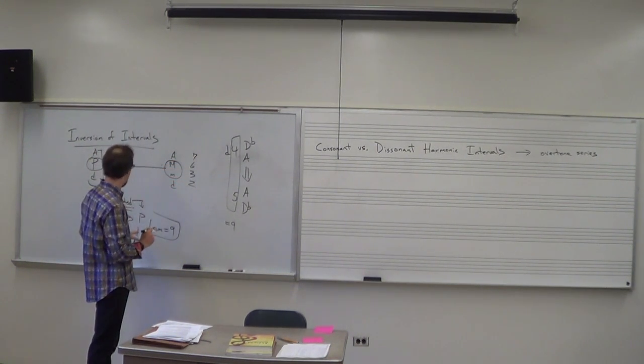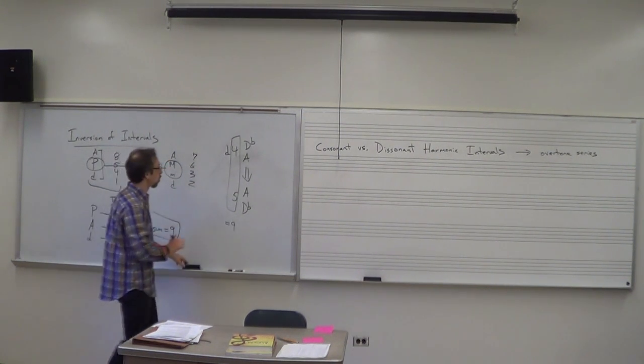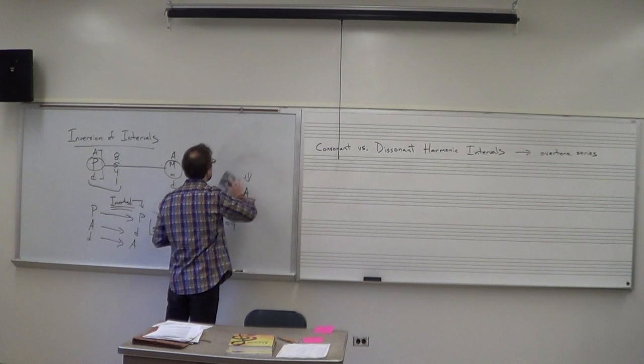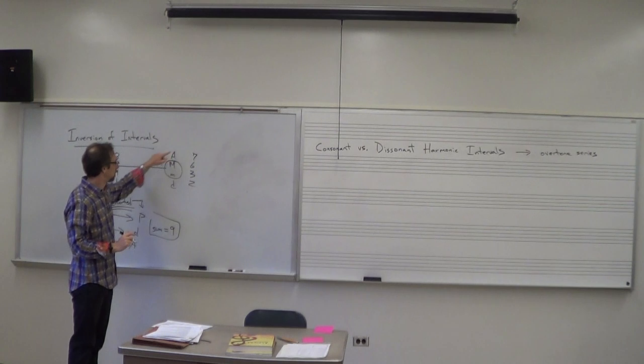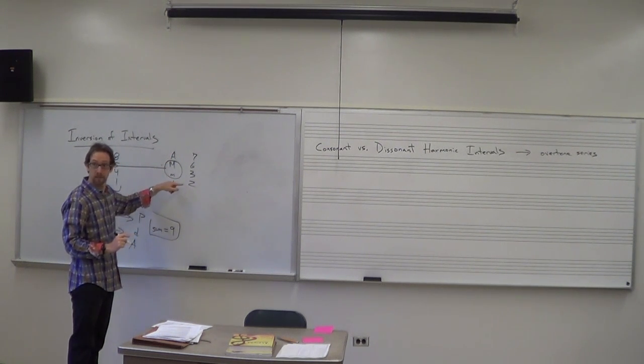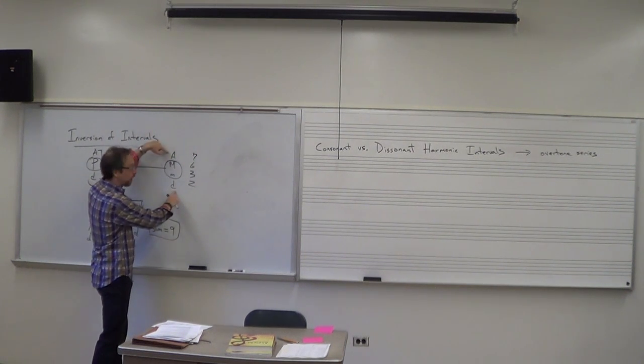However, since we don't have perfect to stay perfect, what's going to happen with major and minor? We'll find that augmented sevenths become diminished seconds, because 7 plus 2 is 9, and they flip-flop.